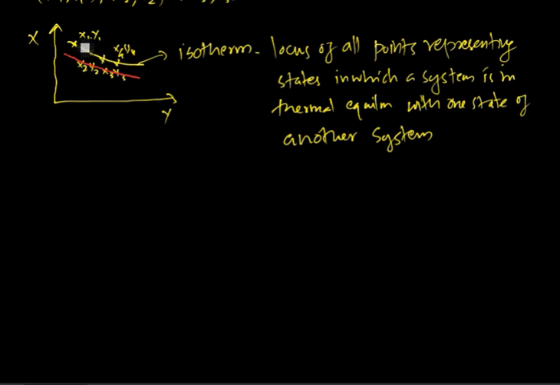the state having the parameters x1 y1 is in thermal equilibrium with x1 prime y1 prime. Now if you start with another state of system A, which we can represent by another set of parameters, then it is in thermal equilibrium with the system B with x1 prime y1 prime, and this system A is having the parameters x2 y2, x3 y3.